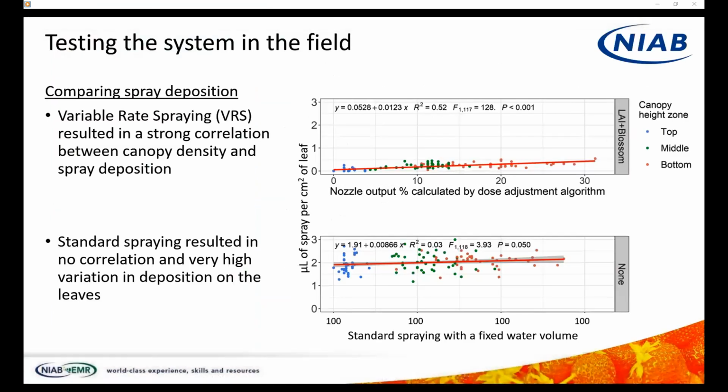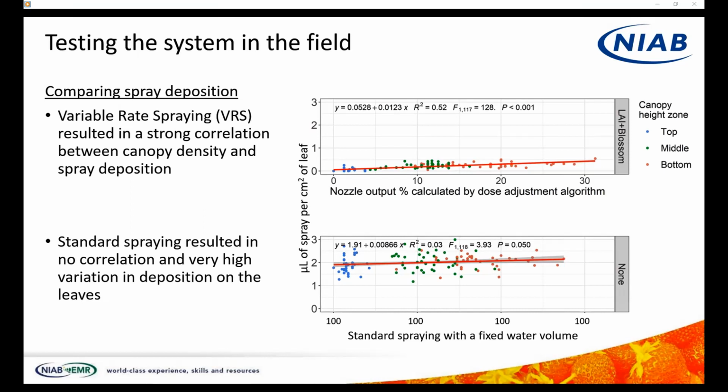Here are some results of a trial we did comparing the spray deposition achieved by the prototype precision variable rate spray system on the top graph compared to a conventional spray machine in the bottom graph. The x-axis is the nozzle flow rate settings, and on the y-axis is the deposition on the leaves.